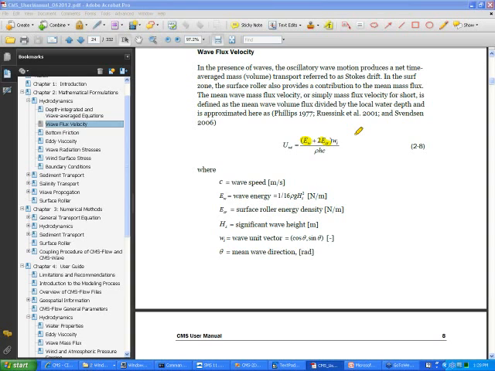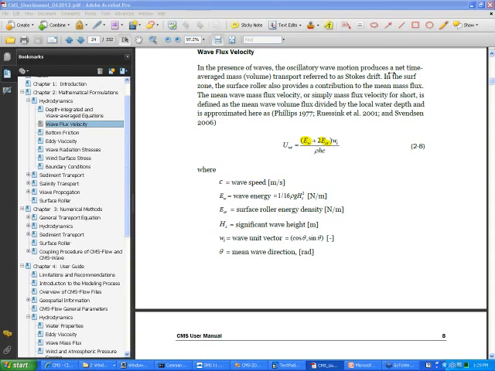It turns out that for some field cases, not including this is better, and the reason for that is because of the 2D approximation. If we were using a quasi 3D or 3D model, then it wouldn't be so. So I guess the answer to that question is it doesn't have to be on if you turn on the surface roller. By default, it is not on.